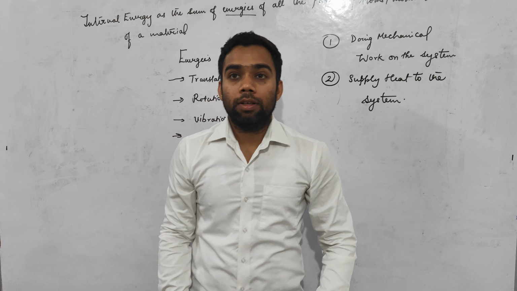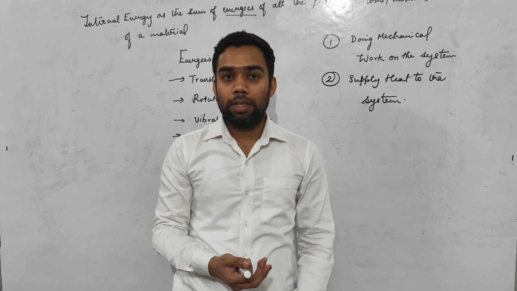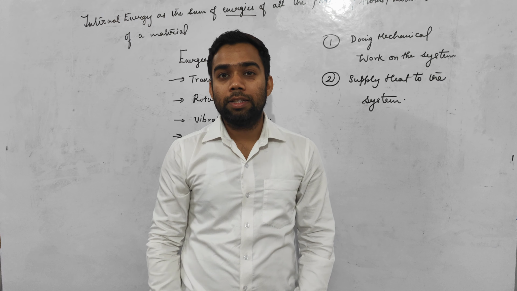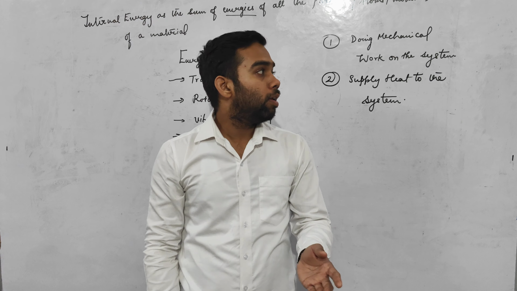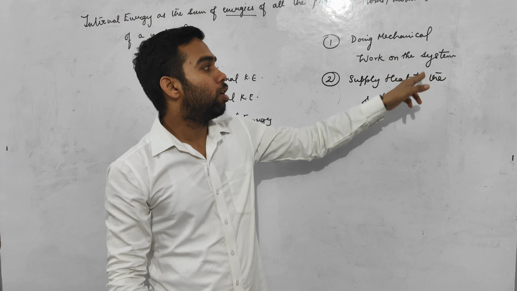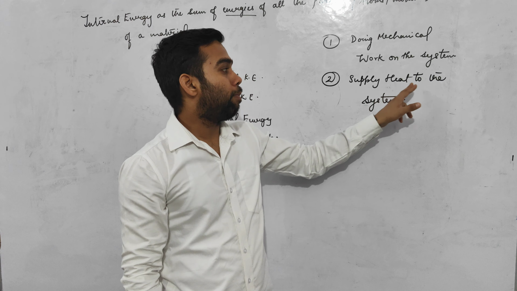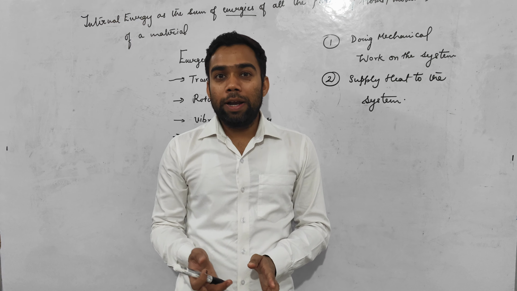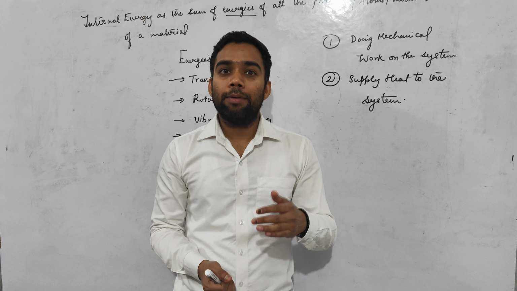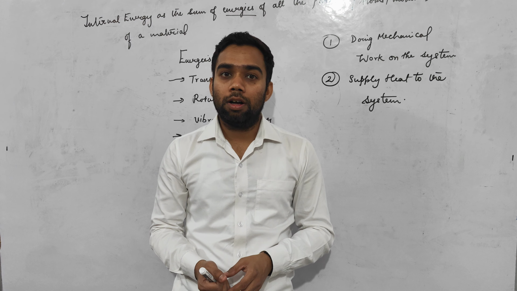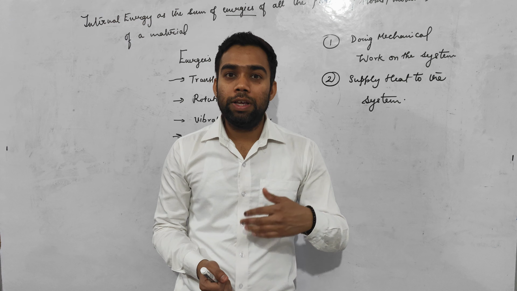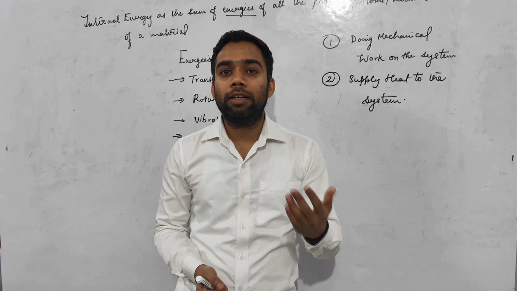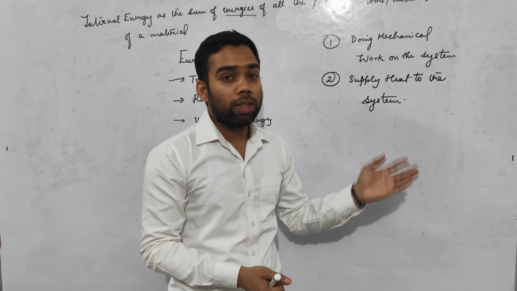So as you see, there are two ways to increase the internal energy of a system. The first is doing mechanical work on the system. The second is supplying heat to the system. There are many other examples in which we increase the internal energy of the system by both ways.